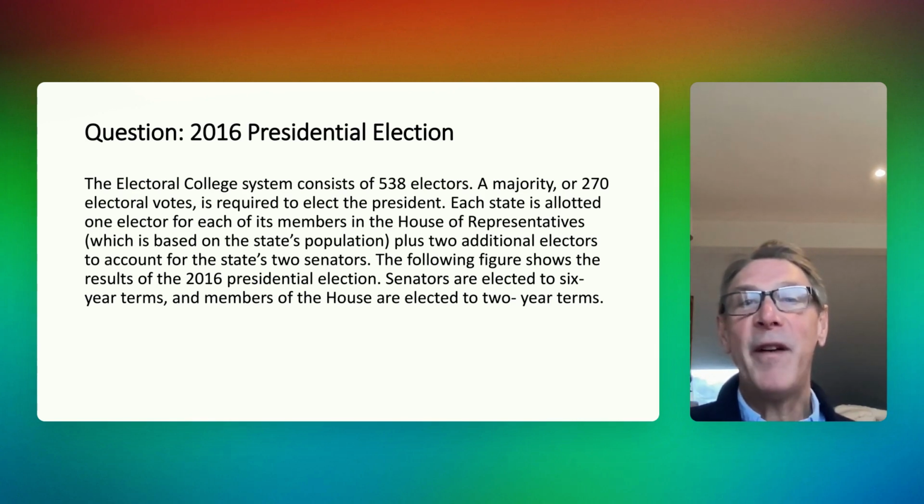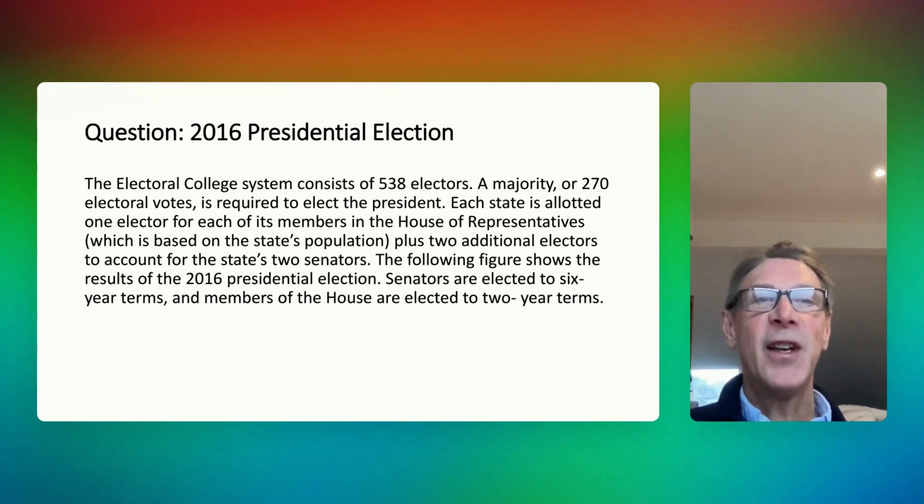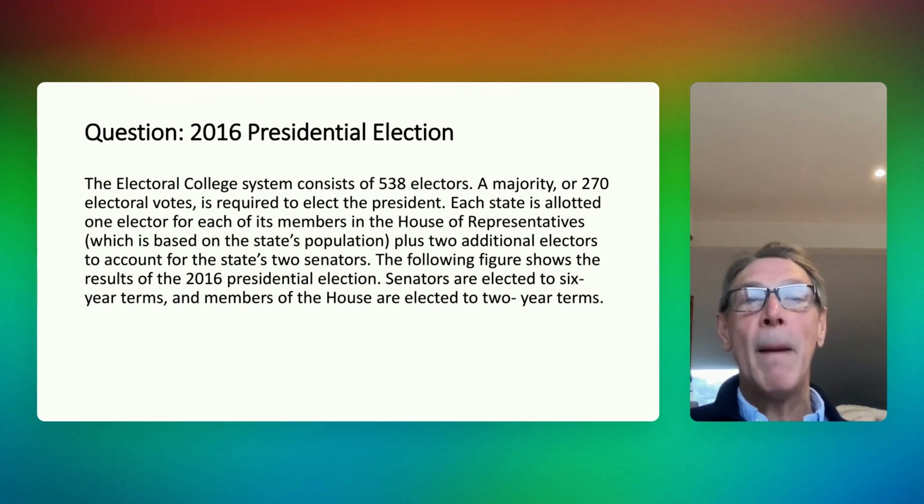It may sound very unfair that in Texas, you could have a huge majority for the Republicans, and therefore in Texas, the electoral college members for Texas, every single one of them will vote Republican.